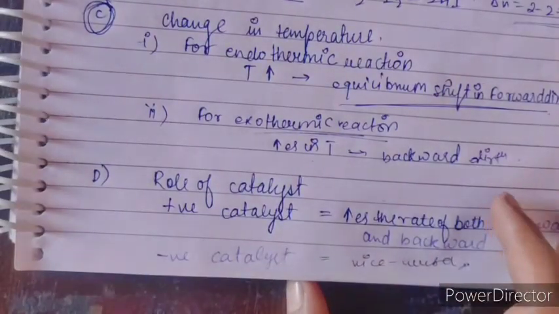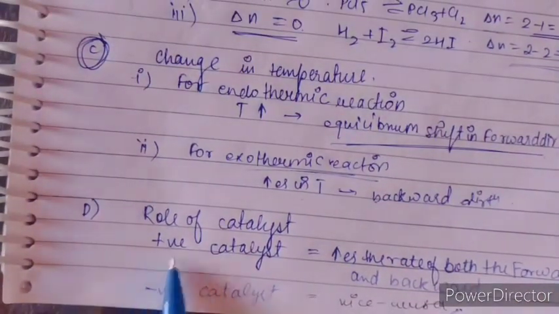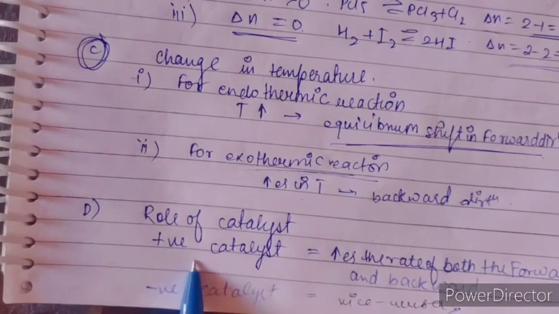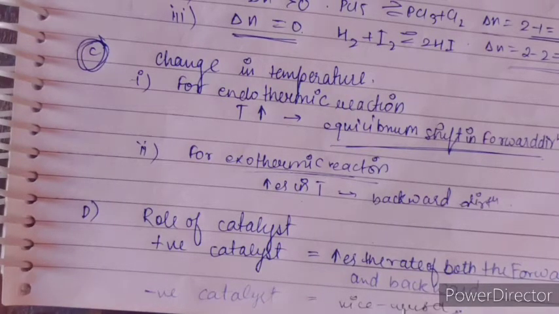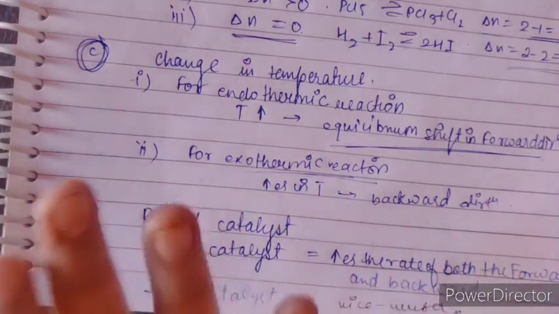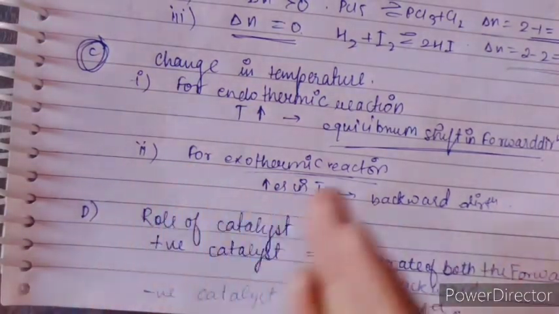Now the last one is the role of catalyst. If there is a positive catalyst, the rates of both forward and backward reactions increase equally, so the equilibrium state will be attained in less time.